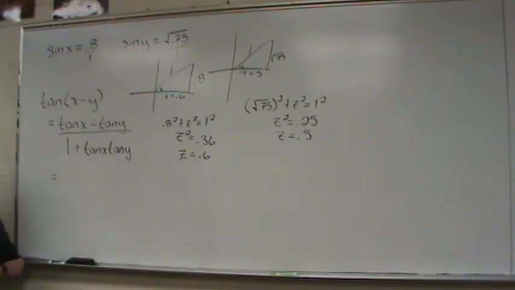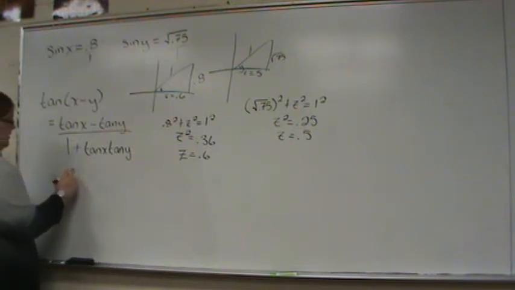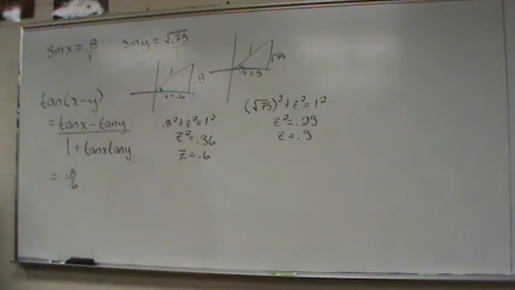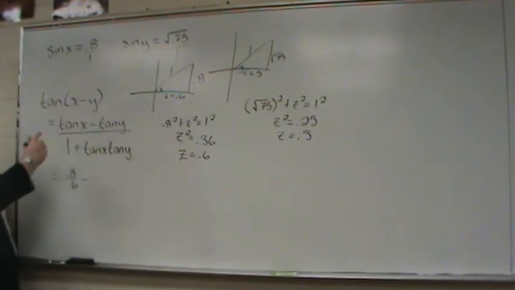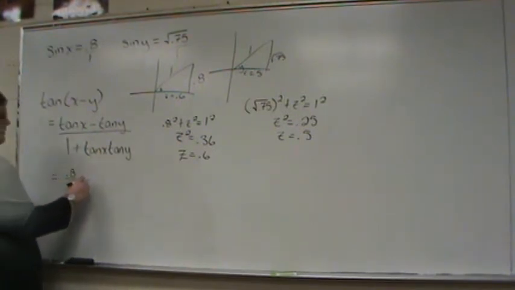So what's the tangent of my angle x? 0.8 over 0.6. And then we're subtracting from that the tangent of my angle y, which is root 0.75 over 0.5.